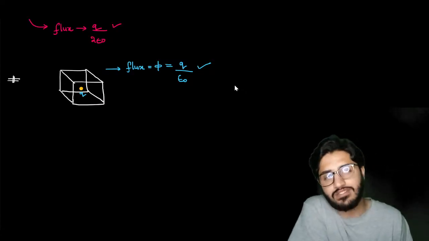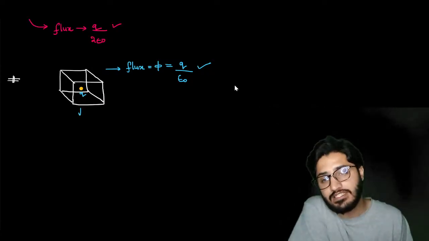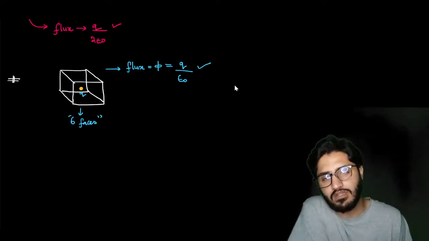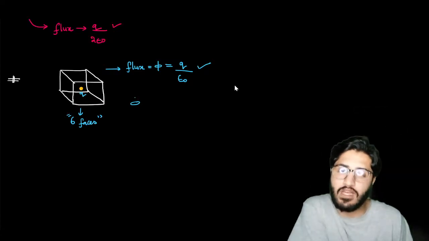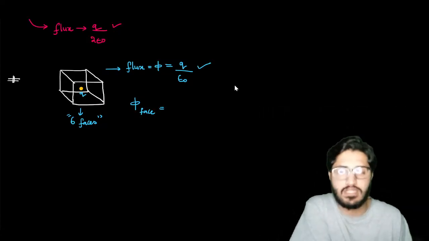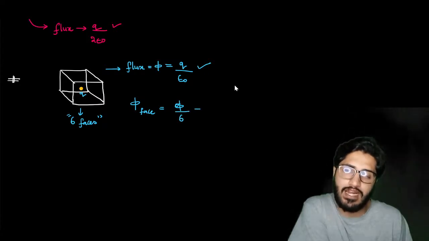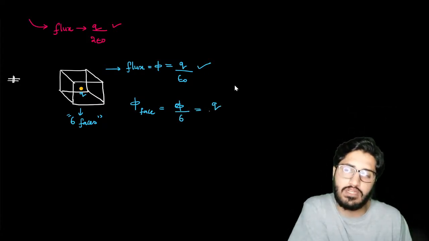But if I ask you, how many faces does this cube have? Sir, 6 faces. So what will be the flux through each face? Sir, my total flux divided by 6. So I can write it equals Q divided by 6 epsilon naught.